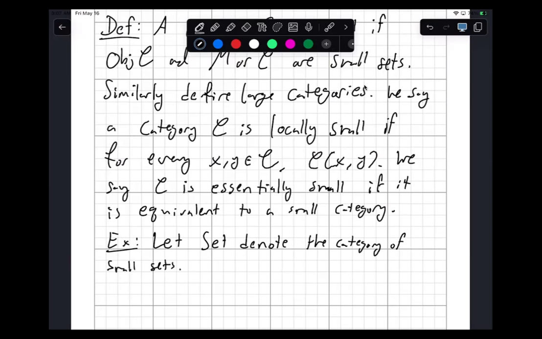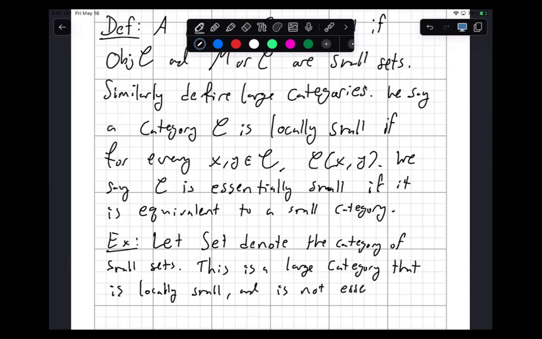This is a large category that is locally small and is not essentially small.